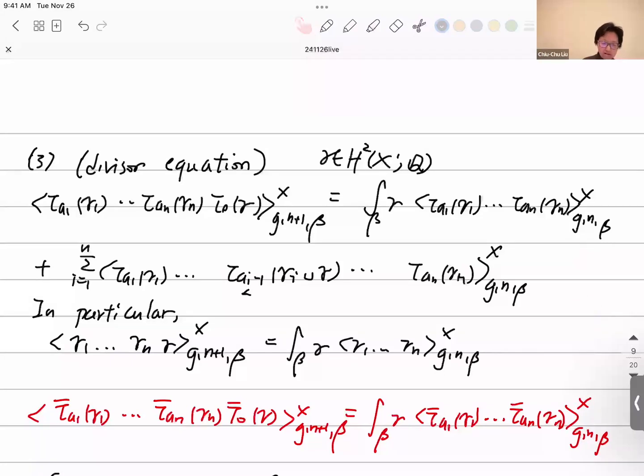For the ancestor invariants, since they are all defined by psi i bar, which is the pullback of the psi class from M bar g,n... Yeah, sorry, this is not quite right. Let me erase this, sorry.